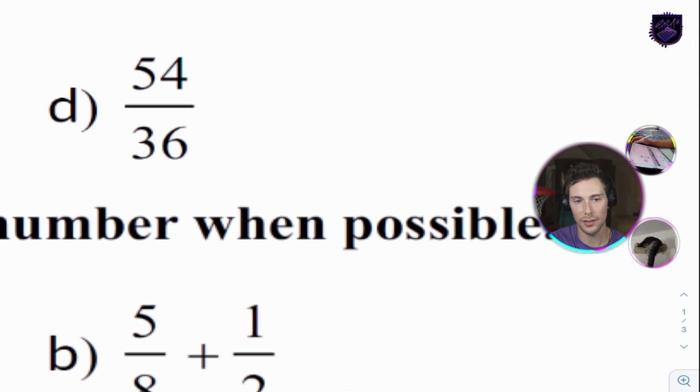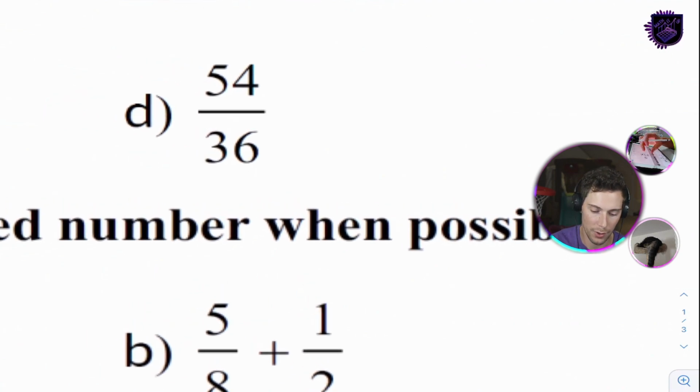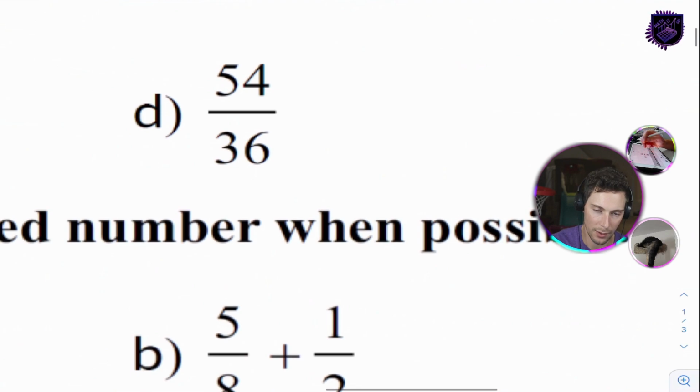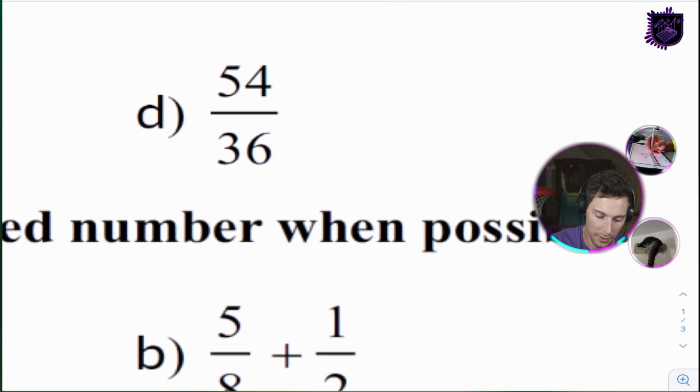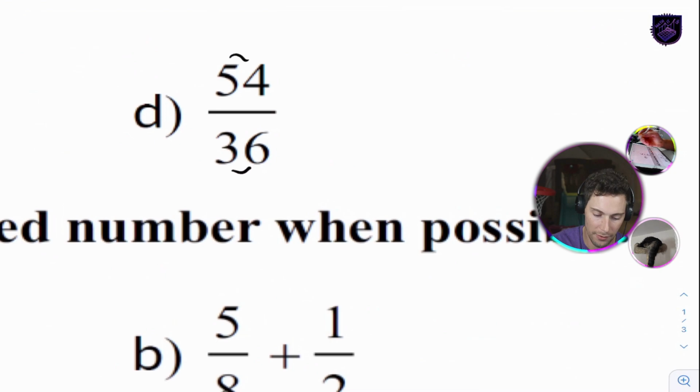54/36. Now, what is the greatest common factor of these two numbers? 54 and 36. Is it going to be 9? Let's try 9. I think it's 9. You can do the trick where you can tell if they're divisible: 3 and 6 together add up to 9, and 5 and 4 add up to 9, so they're factors of 9.